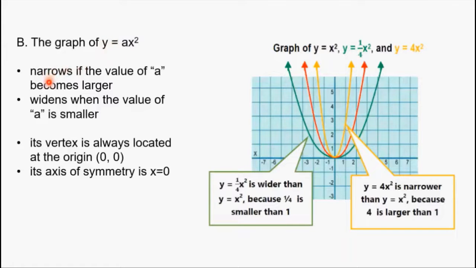So, it narrows if the value of a becomes larger and it widens when the value of a is smaller. So, ibig sabihin, habang lumalaki ang value ng ating a, ang ating parabola ay kumikitid ng kumikitid.